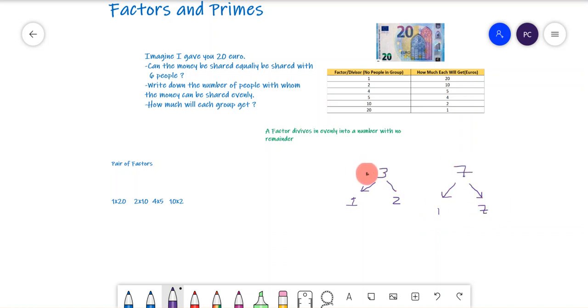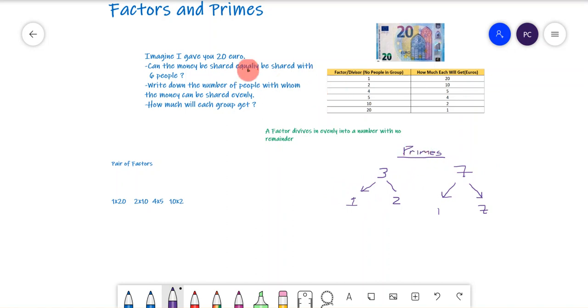So these particular numbers that only have 2 factors, being the number itself and 1, are what are known as prime numbers, or primes. So remember, primes only have 2 factors, the number 1 and the number itself. So the number 3 and the number 7 are 2 examples of prime numbers.